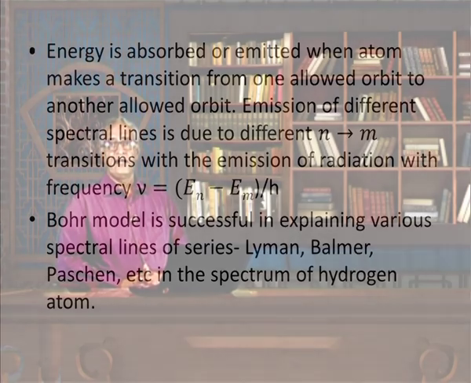You see, the Bohr model is one step further from the classical model, and it explains so many things about this hydrogen atom which were not explained by classical physics.